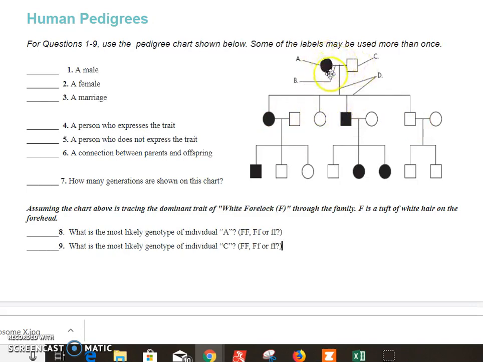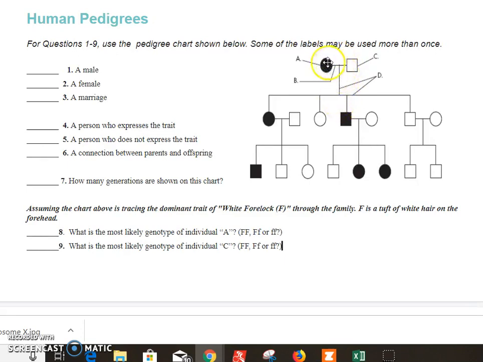So if we look at this, we have mom, who has the white forelock, and dad does not. Mom having the white forelock could be either homozygous dominant or heterozygous. However, you should draw out the Punnett square on this.